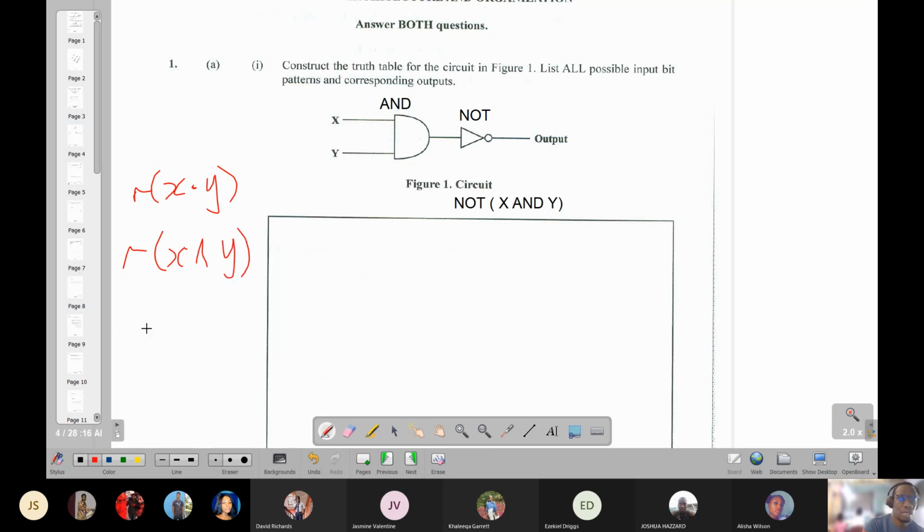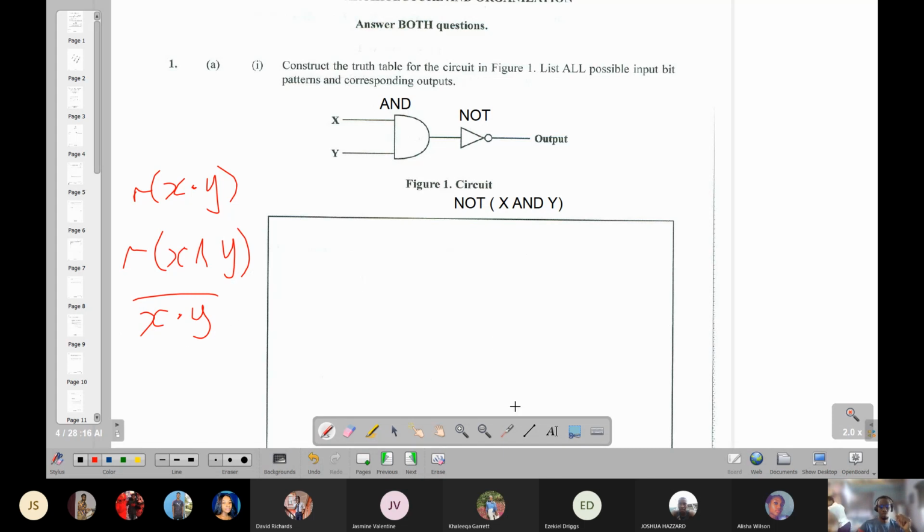You could represent it like this, or you could have represented it like this. Any variation for the second part, where you had to put the expression, would have been fine.